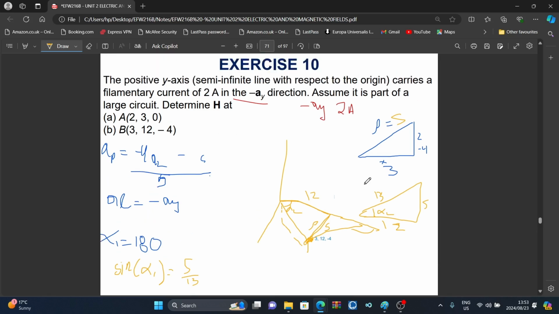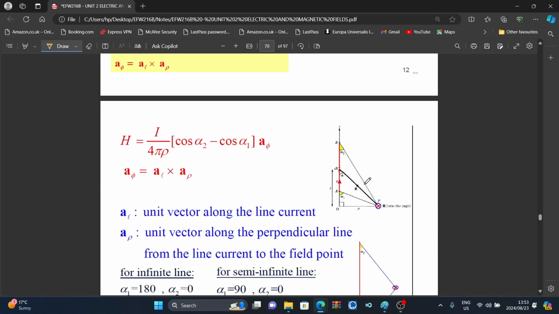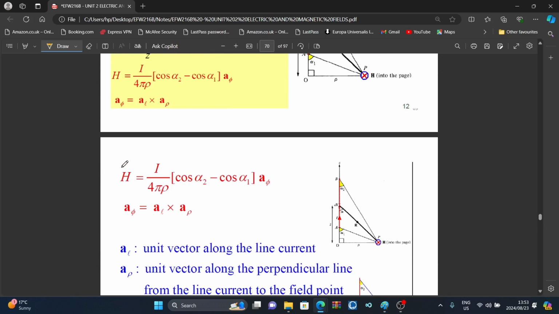And just remember in this question, it's not that you are trying to find h here. You are trying to find all these values, your phi, your alpha 1 and alpha 2, and your direction. They carry more weight. If you find these four values, then your h is going to be correct.